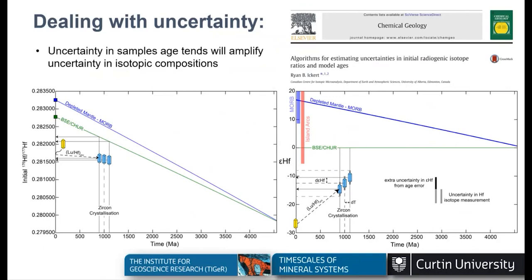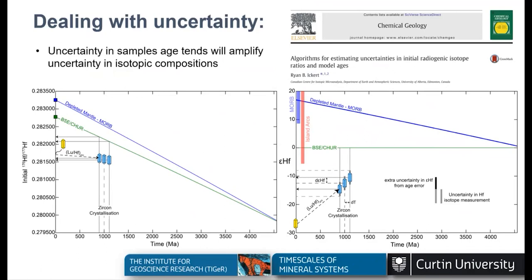Obviously, if you have a very, very precise age, less than 10 million years, it's going to be a negligible difference, right? But if you're looking at individual crystals and you don't have very precise ages, if you're looking at uncertainties up north of maybe 50 to sometimes even 100 million years, you're going to get quite a lot of uncertainty in your epsilon hafnium value that's just a result of that uncertainty in your age, right?